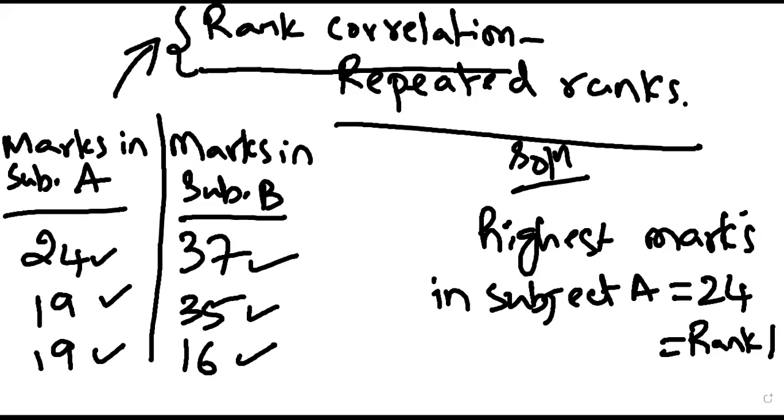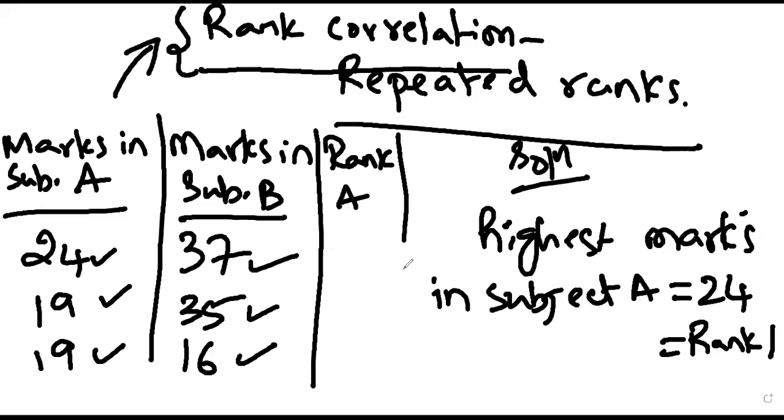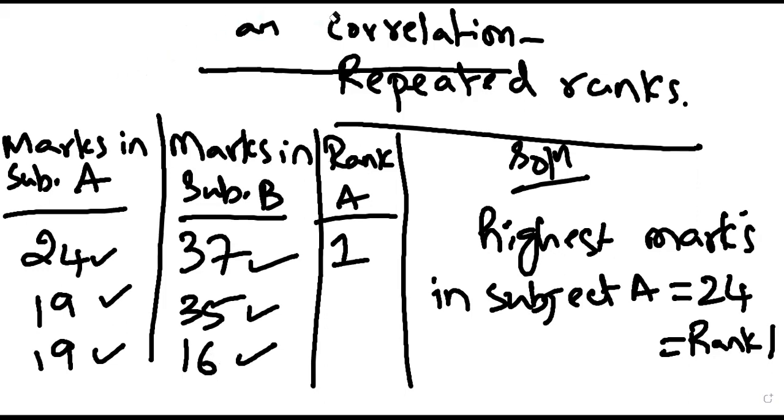Now, that is the reason, what will be the rankings? Rank A, first value will be 1. Just make note of this. So I do not have space, so I'm just writing it here.